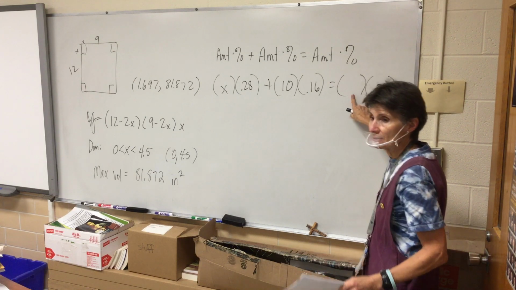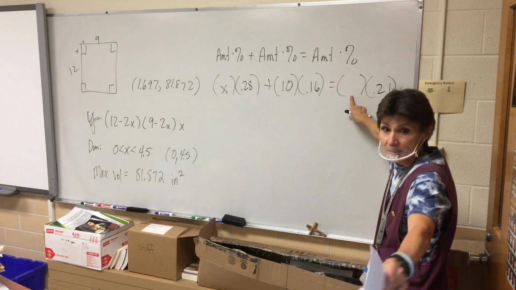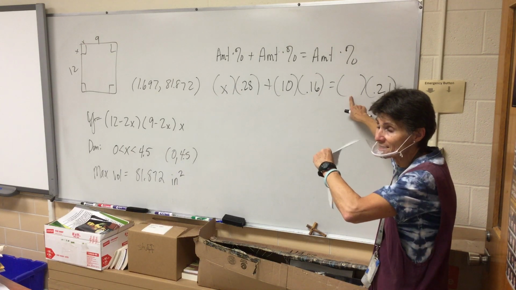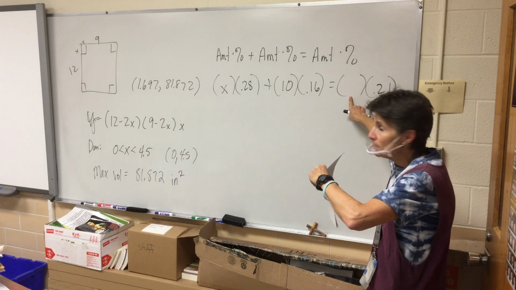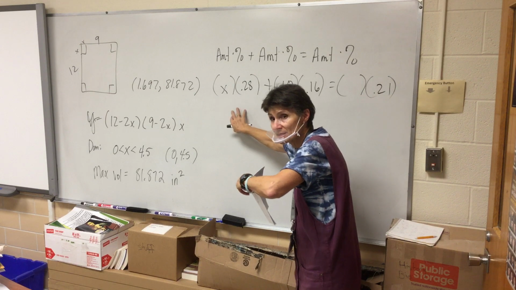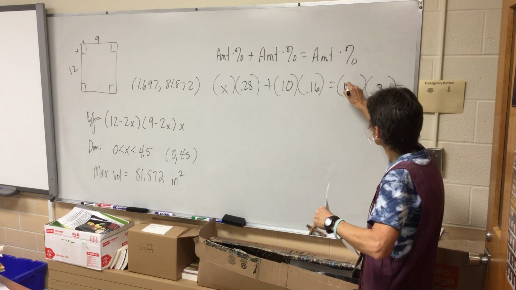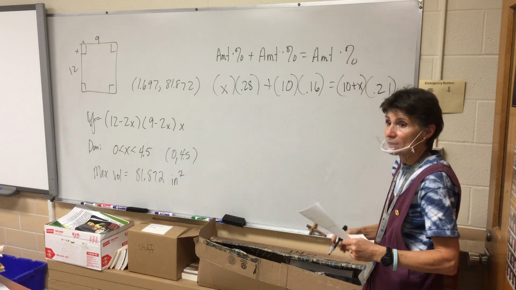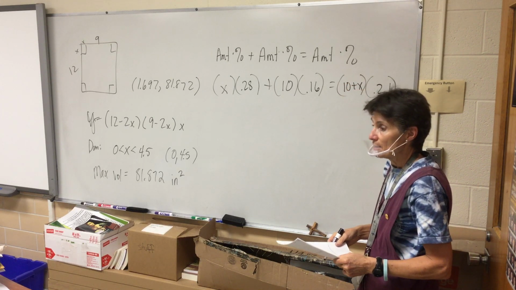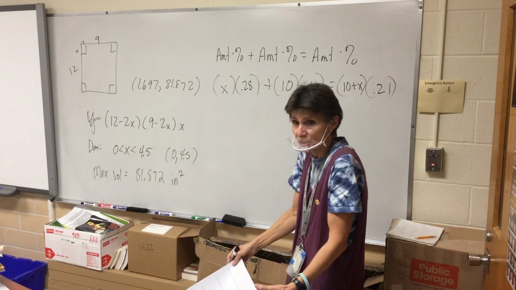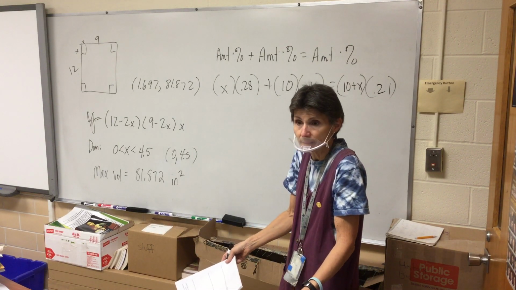What's that? 10 plus X. That's 10 plus X. Why is this 10 plus X? Because you are adding this to this, right? So the final amount you're going to end up with is 10 plus X. Think of having a big bucket. You dump in X and you dump in 10. How much is in the bucket? X plus 10.